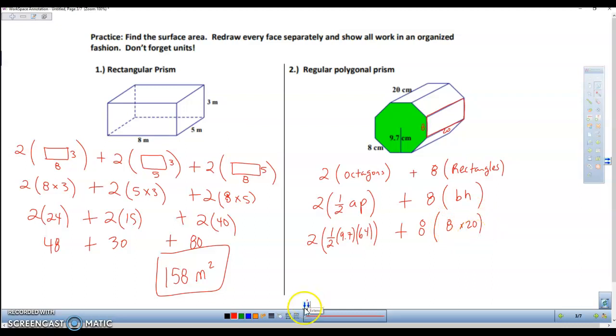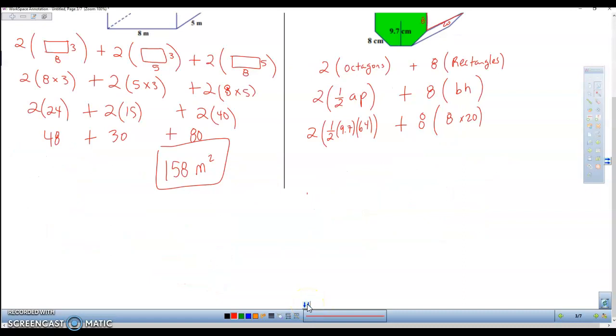So here, when I multiply all of this together, 2 times 1/2 is 1, times 9.7 times 64 gives me 620.8 square centimeters. Plus, when I multiply this together, 8 times 20 is 160, times 8 is 1,280. And when I add all that together, I get that the surface area of this octagonal prism is 1,900.8 centimeters squared.